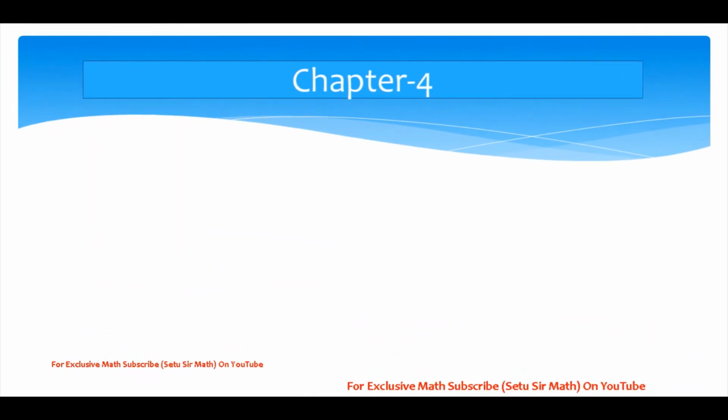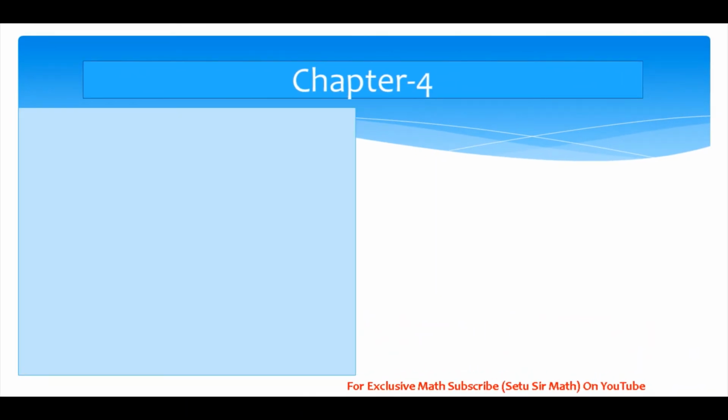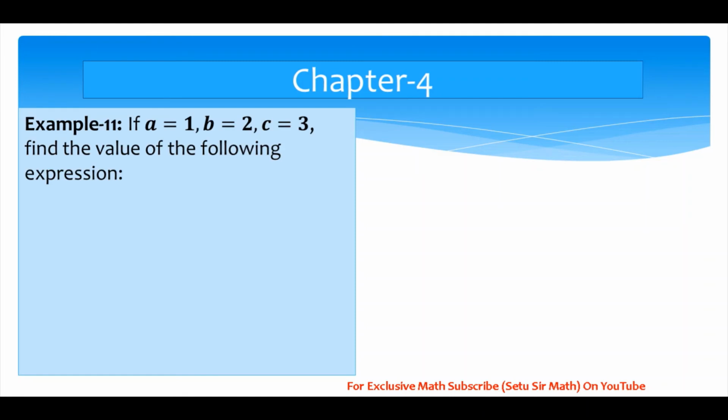My dear students, let's see another example. Example number 11. If it is the given information, if a equals to 1, b equals to 2, c equals to 3, find the value of the following expression. So this is the expression: a squared plus 2ab minus c.